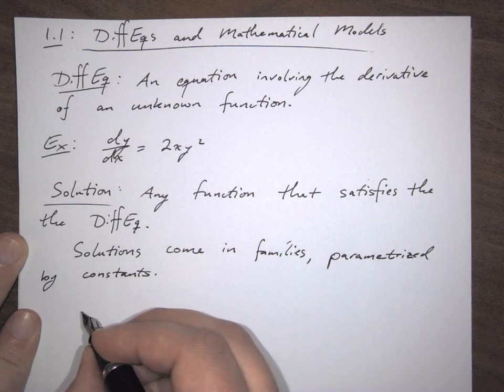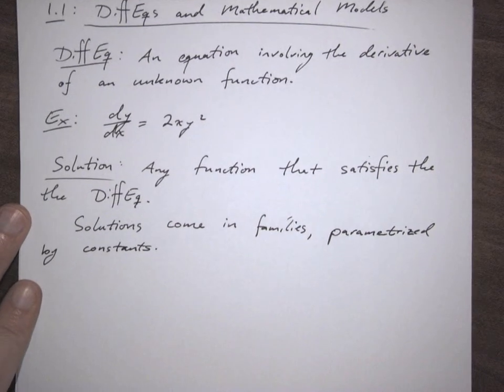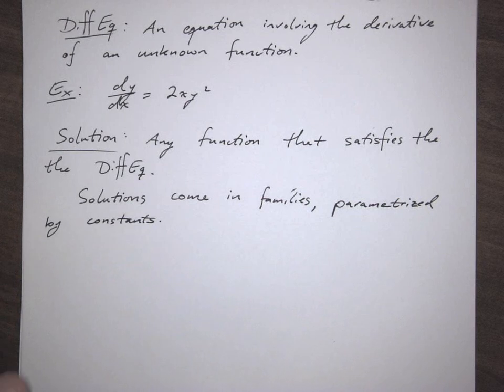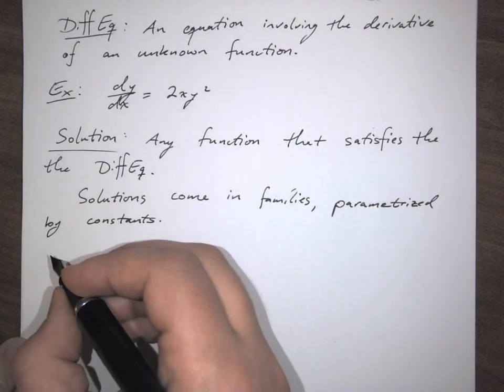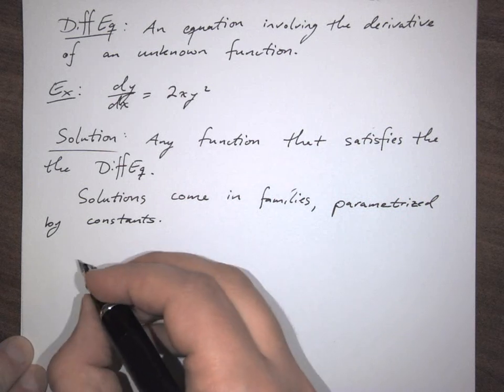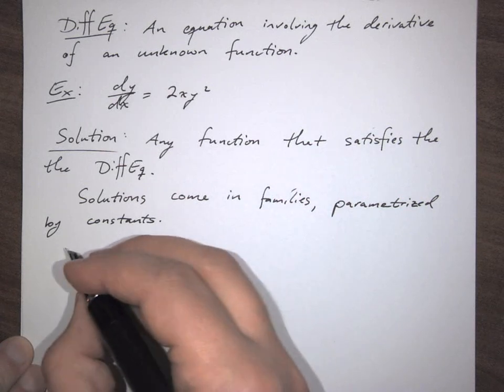Now, when we want a specific solution to a specific differential equation, we need one more piece of information, or sometimes more than one more piece of information. We need what's called an initial value or initial condition.